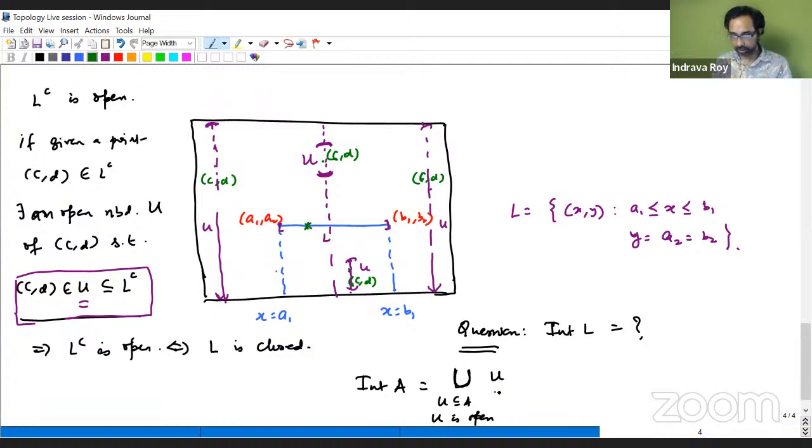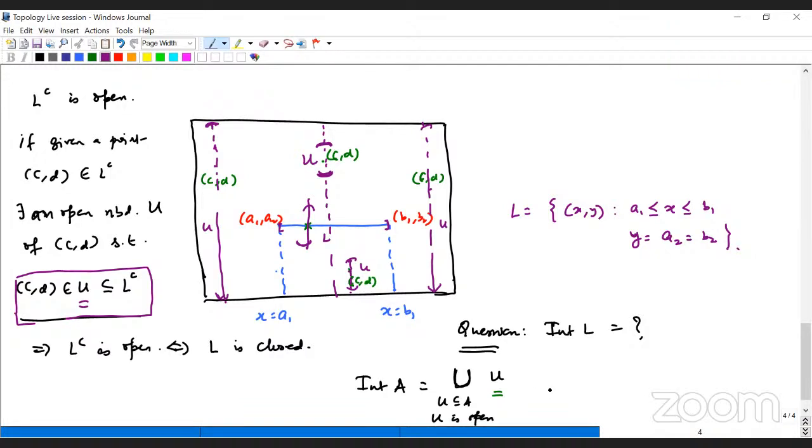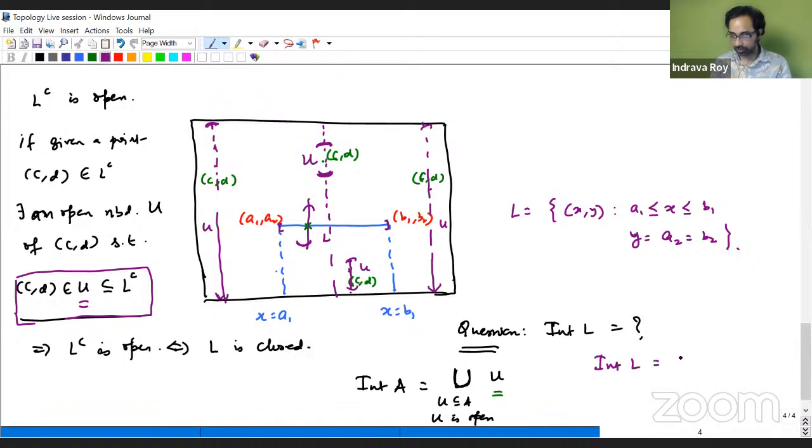Suppose that there exists a non-empty open set U inside L. This means that some open set of this form lies inside L. Is this possible? No, Professor. This is not possible, right? So you cannot have any non-empty open set inside L. This means that the interior of L is empty.